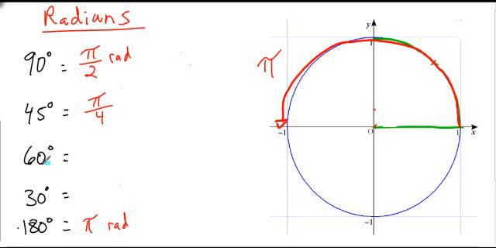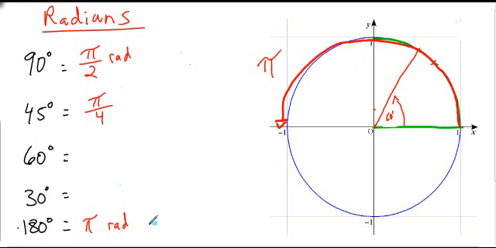Now the question is, how do we find 60 degrees? Well, we can use some common sense here. We know that this is roughly 60 degrees, and we want to find that arc length right here. If I go halfway around the circle, I've traveled 180 degrees, but I'm interested in 60 degrees. 60 degrees is simply 1/3 of the distance to halfway around the circle, or 1/3 of 180 degrees.